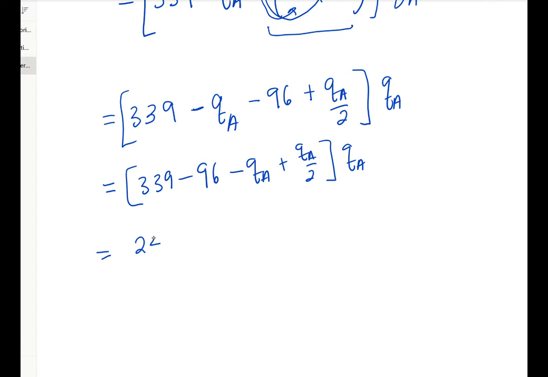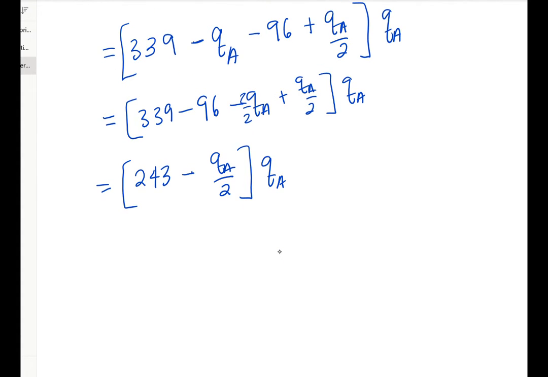So that's 243 minus, this is a minus because it's a whole QA as opposed to half of a QA, so we have 2 over 2. 2 minus 1 is 1. So minus 1 over 2 QA, which is the same thing as saying minus QA over 2. And we're going to multiply this by QA.